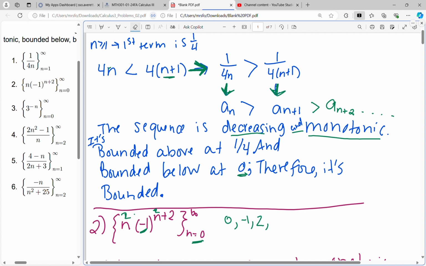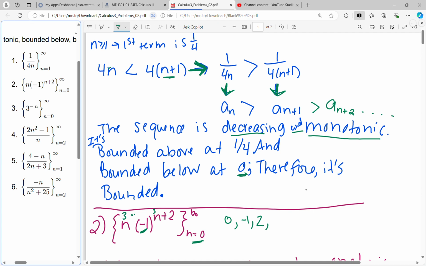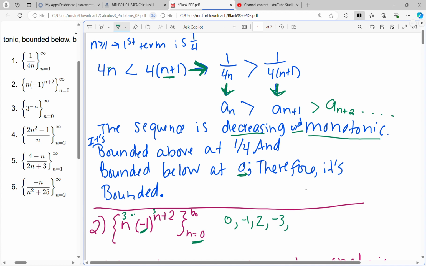Then, when I substitute in a 3, I would have 3 times -1 to the fifth, so that's a -1. 3 times -1 is -3.